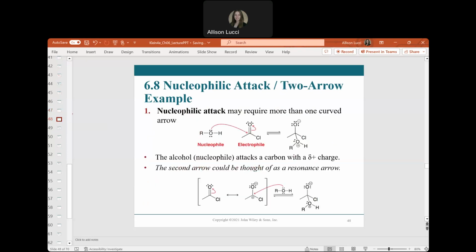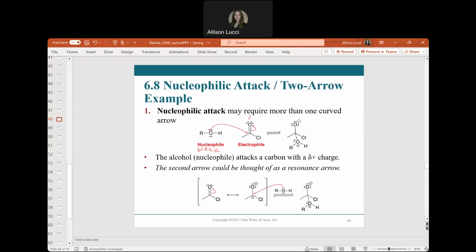So this is another example of a nucleophilic attack. In this scenario, we have a weak nucleophile, this alcohol molecule, and it has a lone pair, right? So that's where our electrons begin, the tail end of that arrow, and then it points to this electrophilic site here.